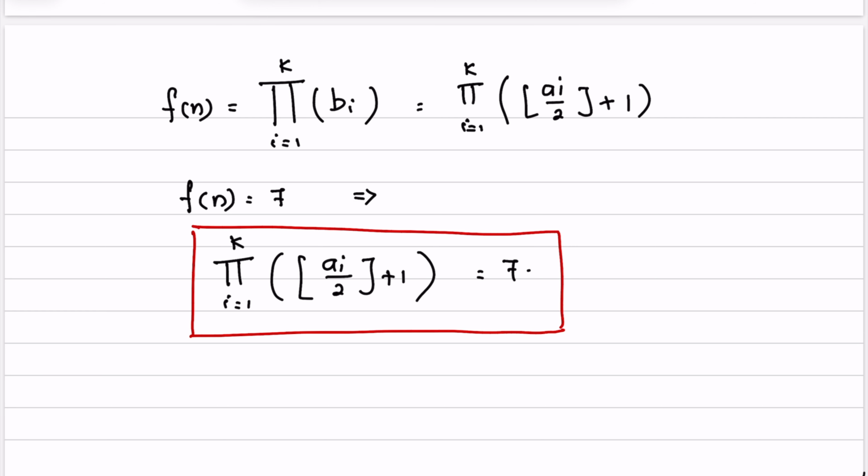If k is equal to 1, that implies a1 by 2 plus 1 is equal to 7. That implies a1 by 2 is 7 minus 1, that is 6, so a1 is 12.